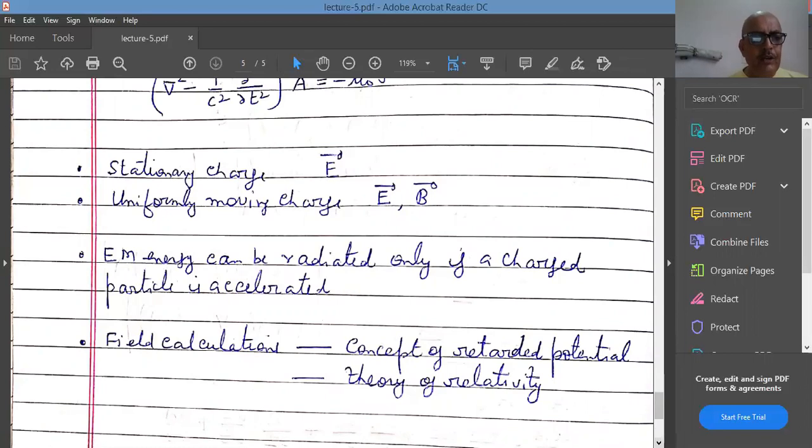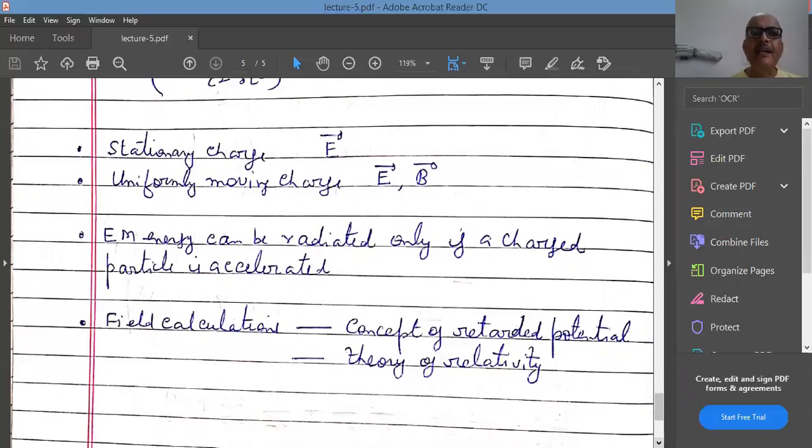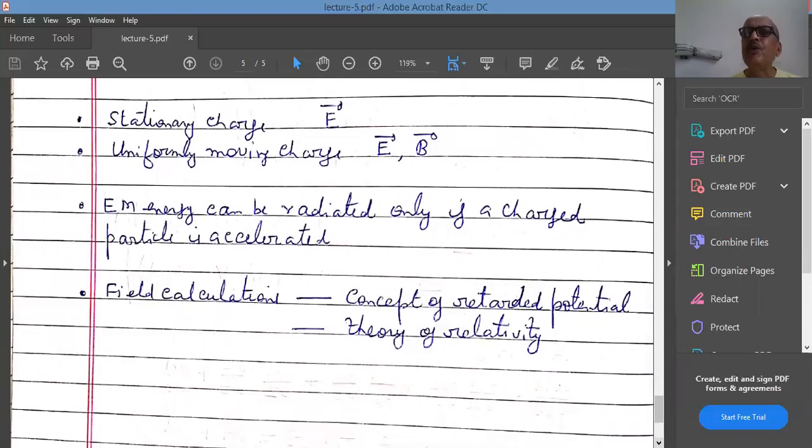So in order to calculate the fields, that means the electric field, the vector potential and the scalar potential, there are two ways to solve it. One is the concept of a retarded potential, and the other is the concept of relativity.